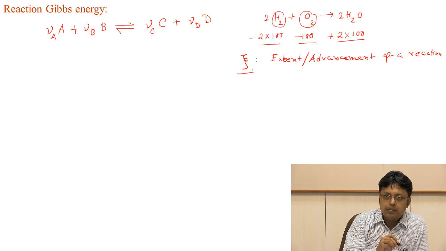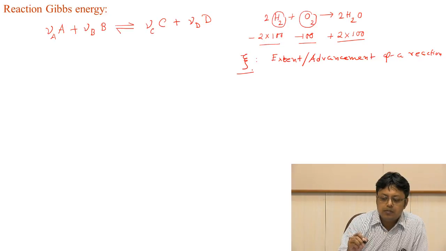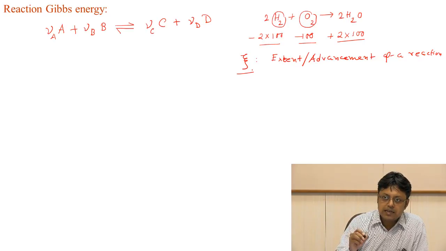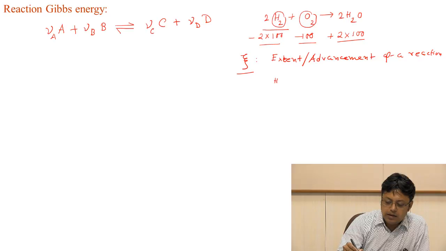Now, to give you an example, suppose for 1 minute I say that the reaction has proceeded by xi amount. Which means from the reactants' perspective, say hydrogen's perspective, at time 0 we had, say, H2 concentration of H2 zero, oxygen concentration of O2 zero, and water concentration of H2O zero.